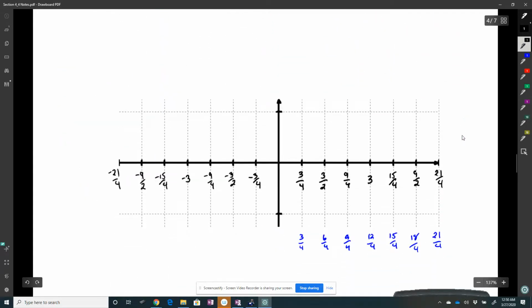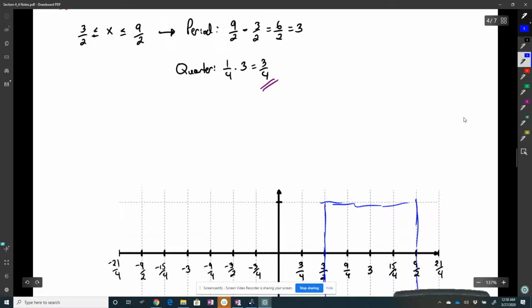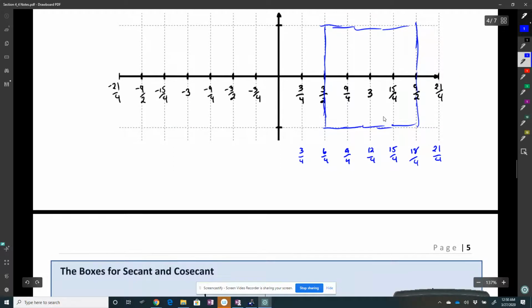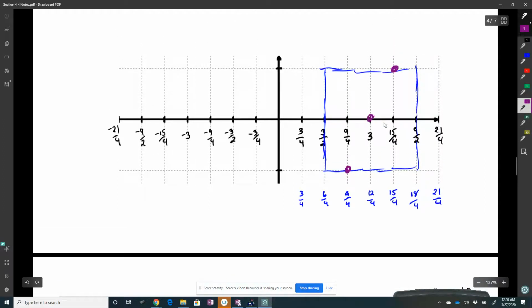So my graph is from here to here. It's much more spaced out. And since I'm dealing with cotangent, upside down cotangent, I know that my graph is going to go eh, eh, eh. So upside down parabola, regular parabola, asymptotes.